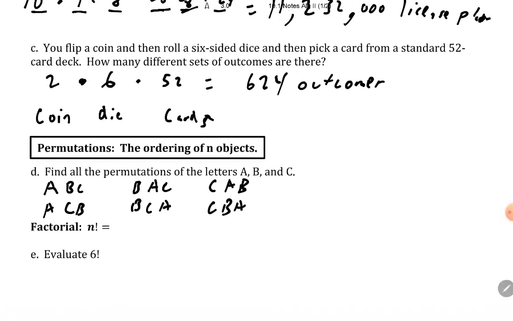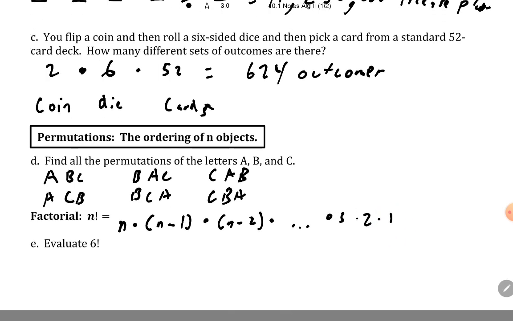So to help us, we're going to learn about factorial. If you haven't learned about this before, factorial means you take the number and multiply it by the previous number all the way down until you get to 1, times dot dot dot times 3 times 2 times 1.